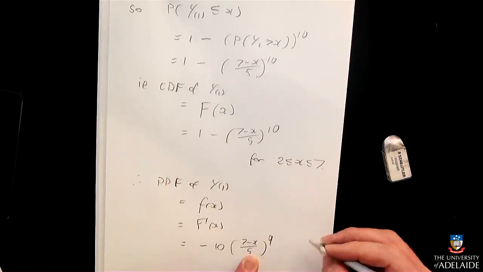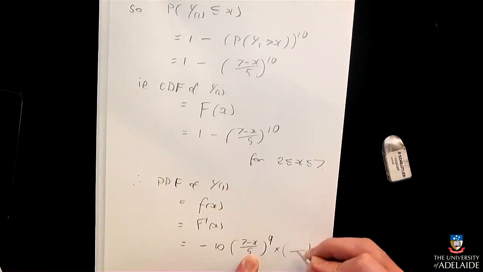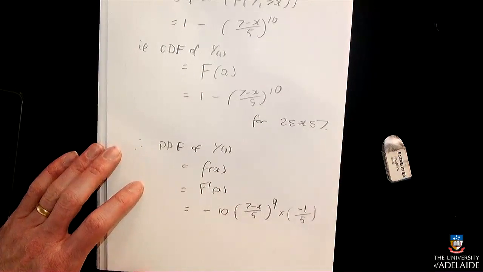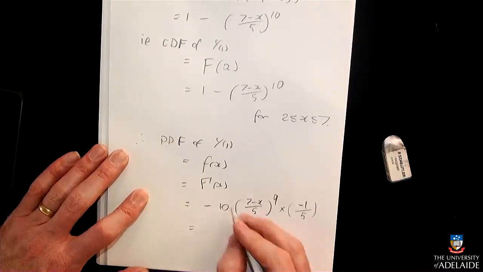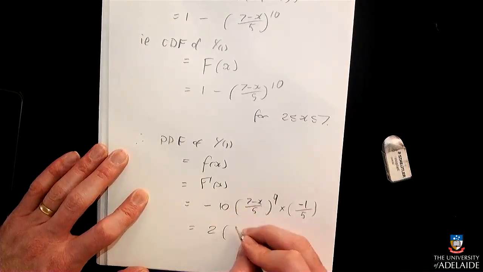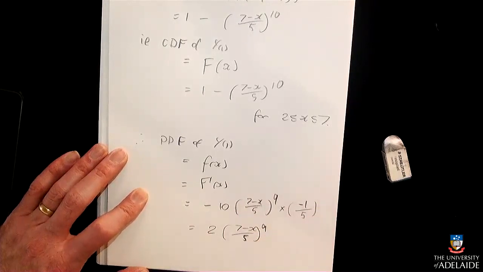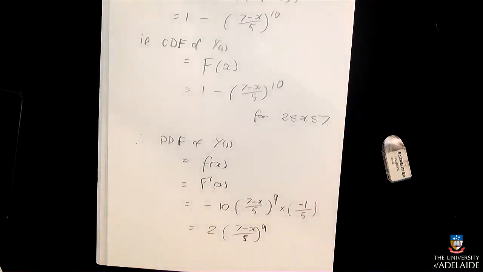The dividing by 5 is technically a constant, and the derivative of 7 minus x is minus 1. So 10 divided by 5 is 2. Beautiful. That's what the PDF is. Luckily, those minuses cancelled out, otherwise it would be extremely distressing to get a PDF with a minus in front.